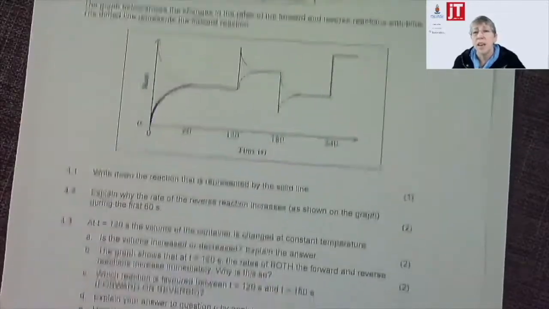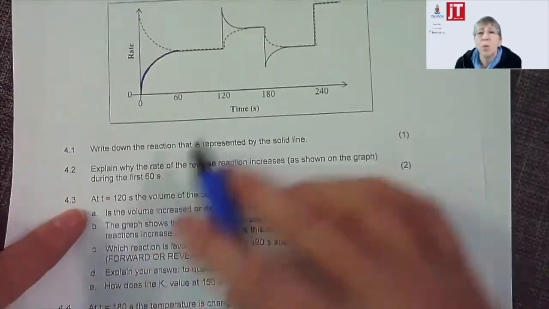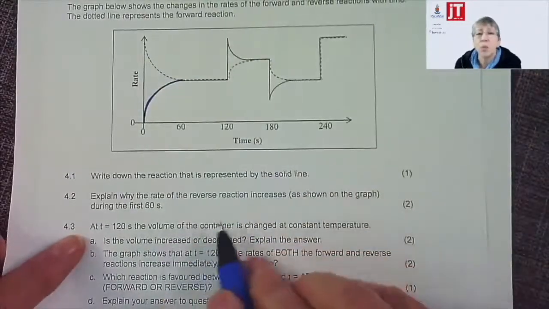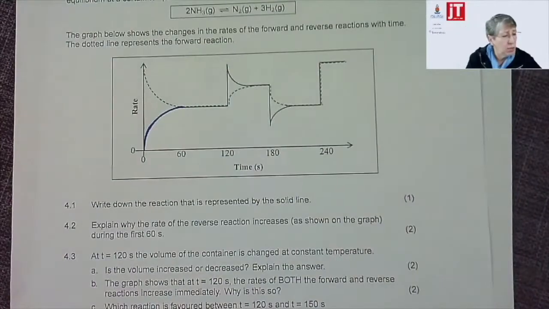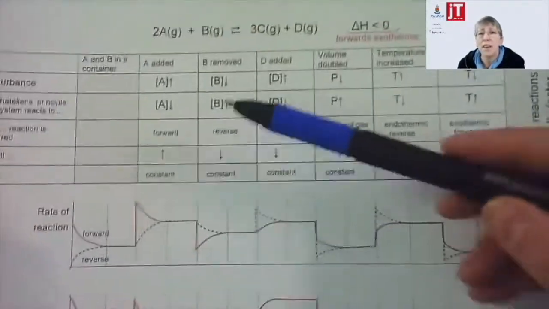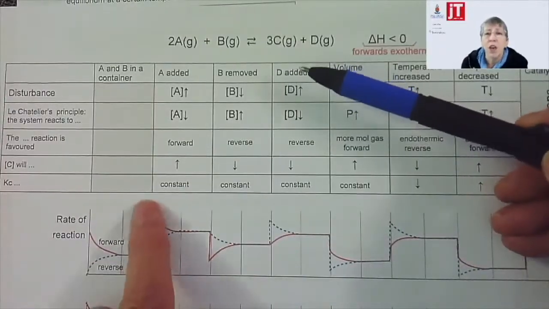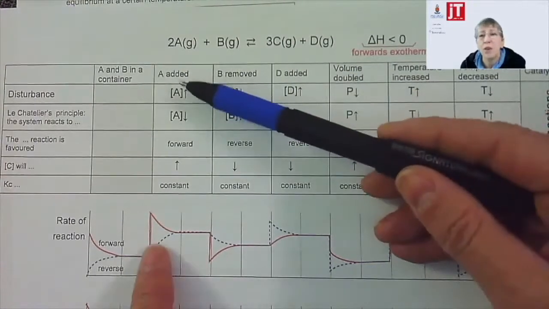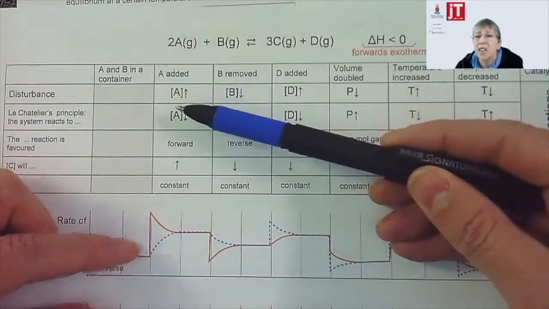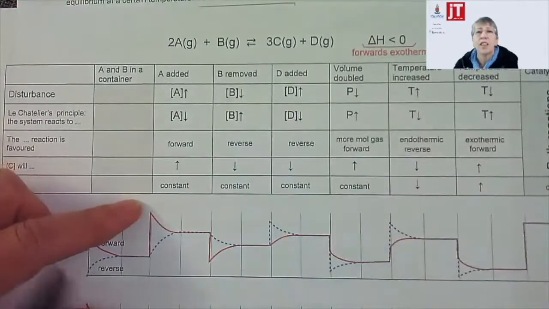Next, we're being asked at time 120. So I'm looking at 120. Now, when we look at this graph, let's just remind ourselves what we did in video 3. In video 3, we said if we are adding or removing something, you just influence the rate of one reaction, right? If you add something, there's a reaction that's going faster, and which one is going faster? The one that's using the things that I add.